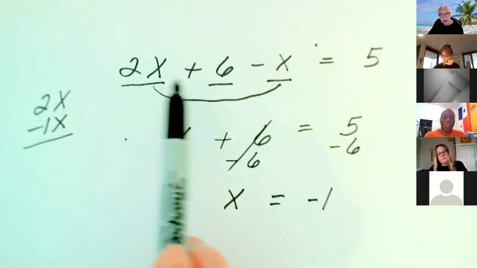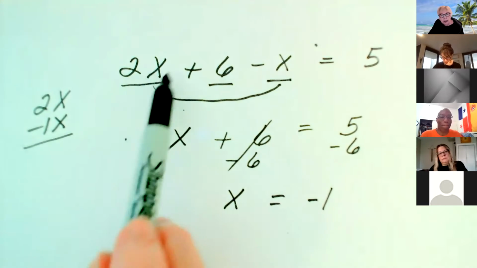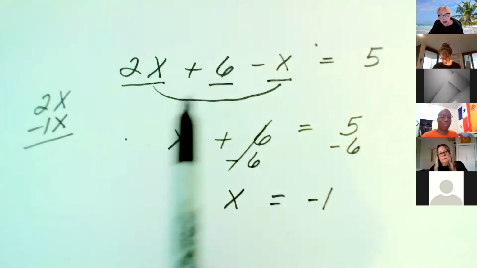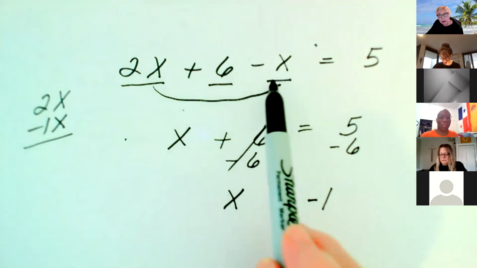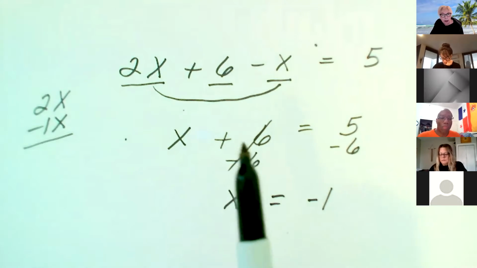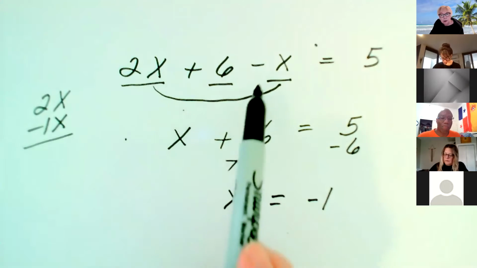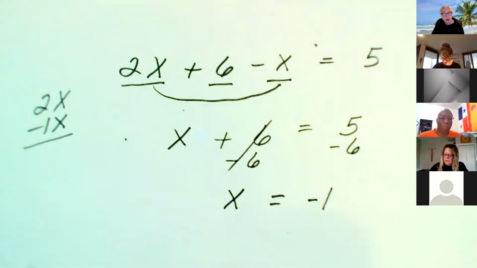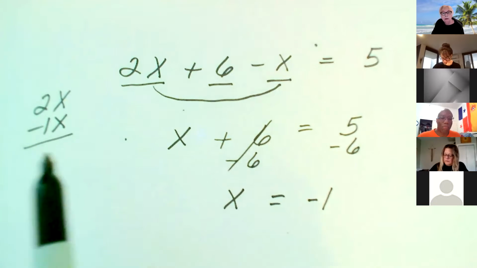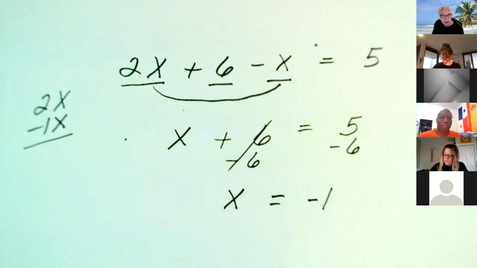So this is, I see that one, and that one. This goes together. 2x is one thing. 6 is one thing. Subtract x is one thing. And so the x terms, the first one and the last one, could go together, and we put them together because that was our first step to make things as simple as we could.